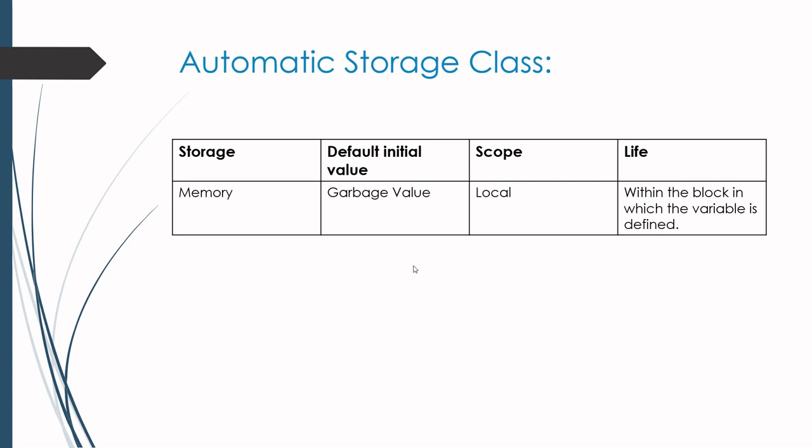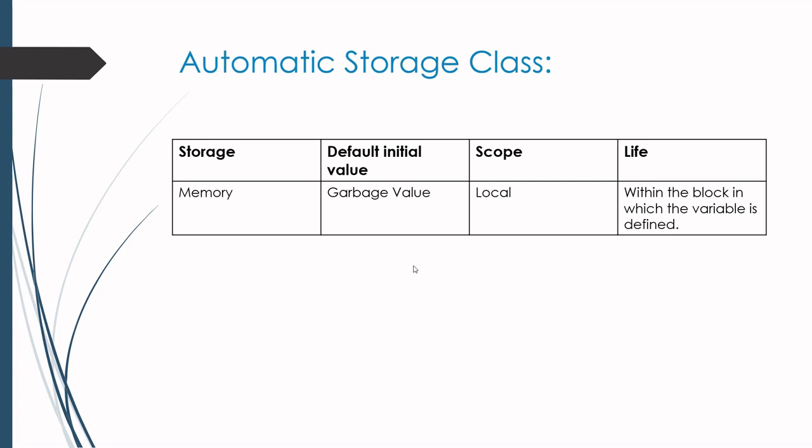When coming to the automatic storage class, considering the storage, by default the values of these variables get stored in the memory only. And the default initial value for the automatic storage class is a garbage value only.